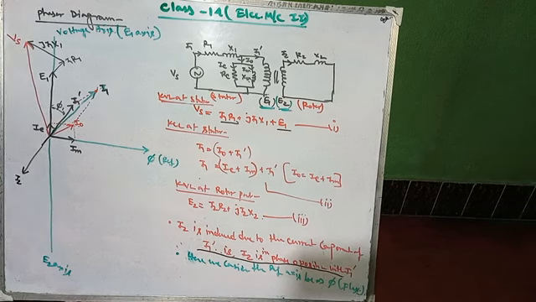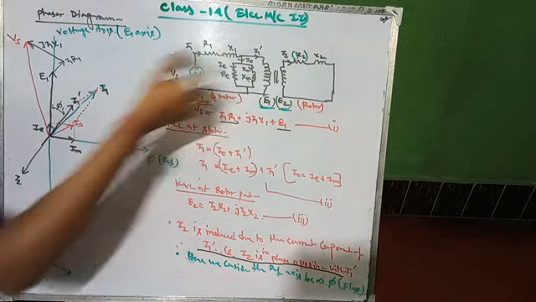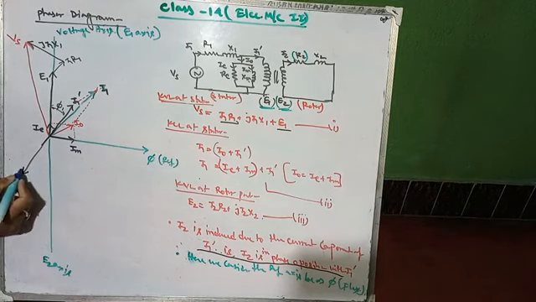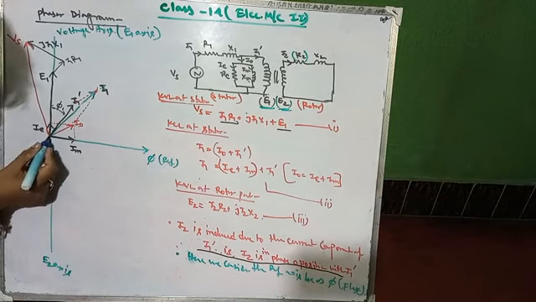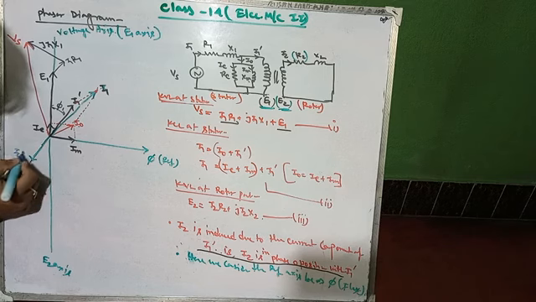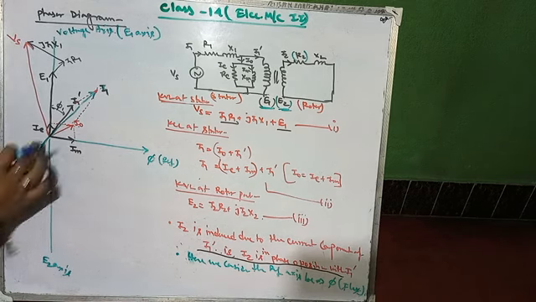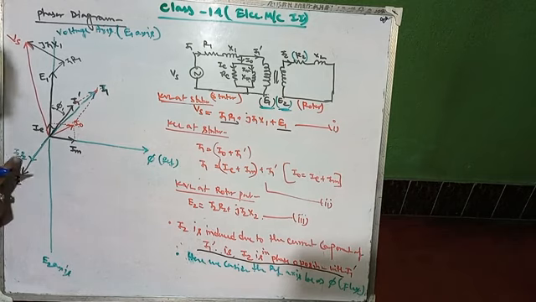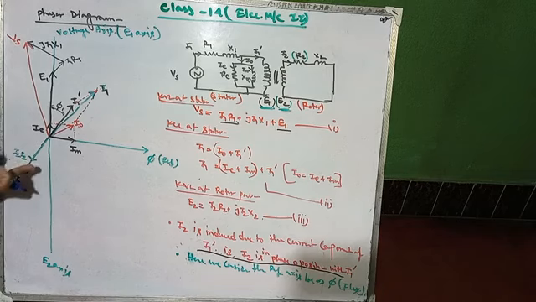Now I2 R2 has to be drawn. Suppose R2 is less than 1; then this I2 R2 will be shorter. If R2 is greater than 1, then it will be larger than I2. For simplicity, we are taking R2 as shorter, so I2 R2 will have less length of the I2 phasor.